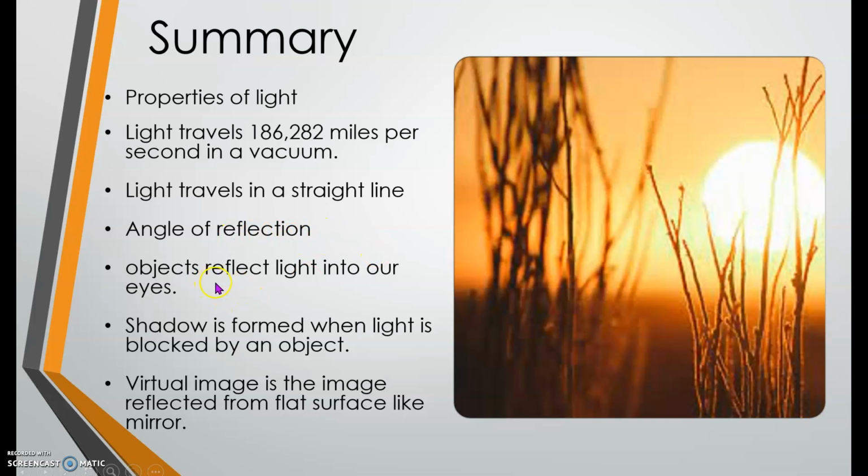We also talked about how we see through light. We talked about the shadow as well, that is formed by an object blocking the light. And we also know now that the virtual image is what we see on a surface like a mirror.